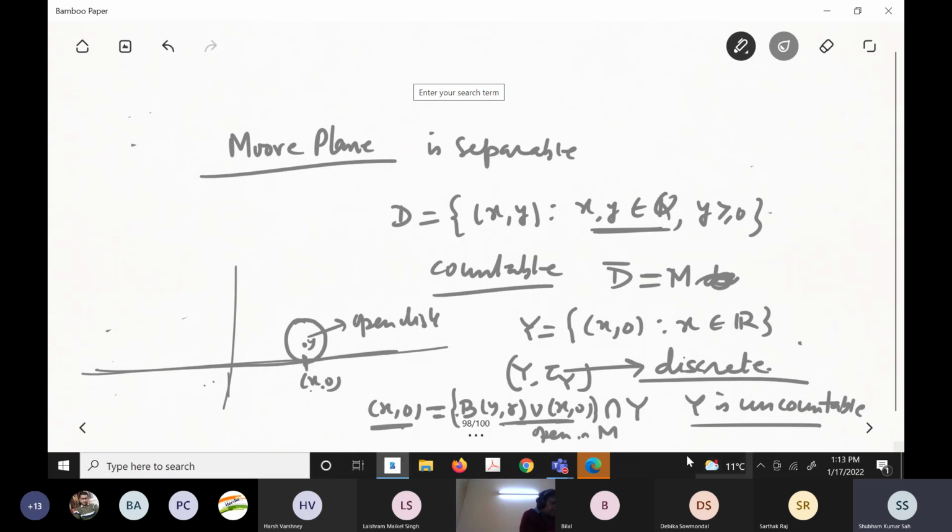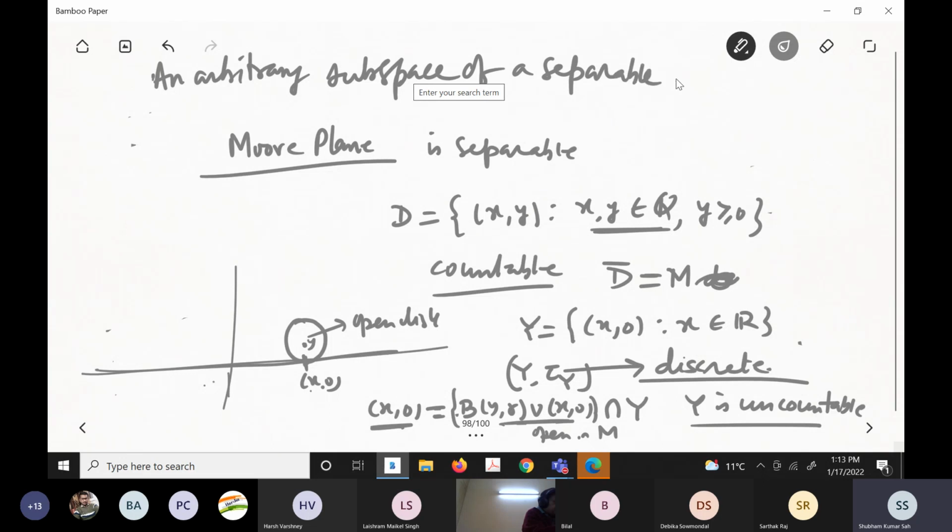So this is an example that an arbitrary subspace of a separable space need not be separable.